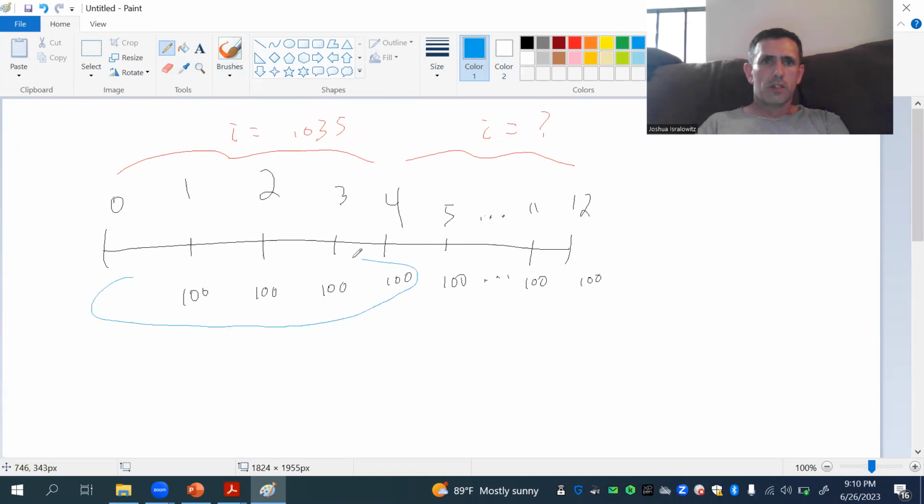This is nice and easy. First of all, the present value of all my payments is 1,000. That's what we're given. So 1,000 is the present value of the blue 100 a-angle-4 at 0.035.